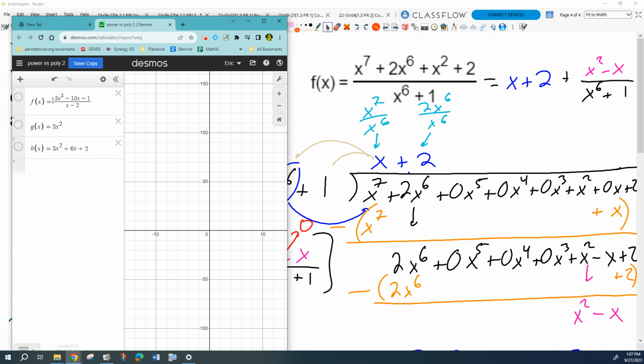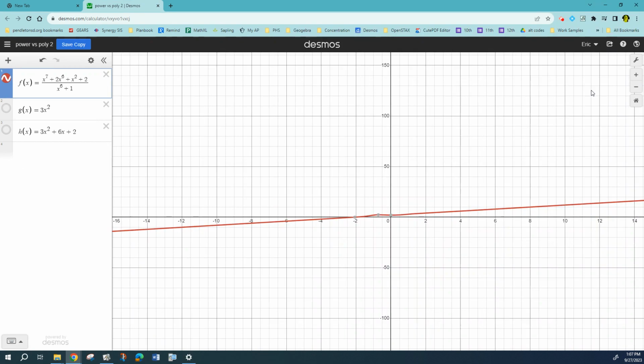So our original function this time was x to the 7th plus 2x to the 6th plus x squared plus 2, divided by x to the 6th plus 1.